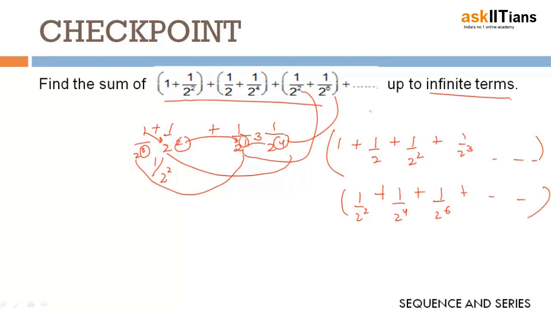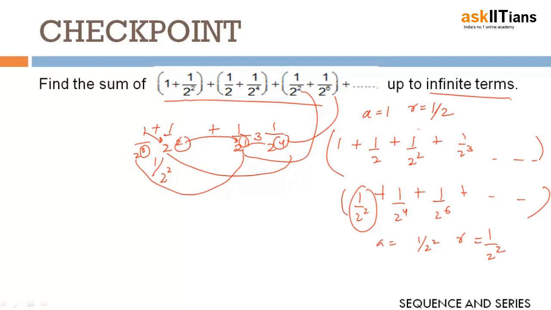For the first, the first term will be 1, and r will be 1 by 2. For the second, a will be the first term, 1 by 2 square, and r will be the same thing.